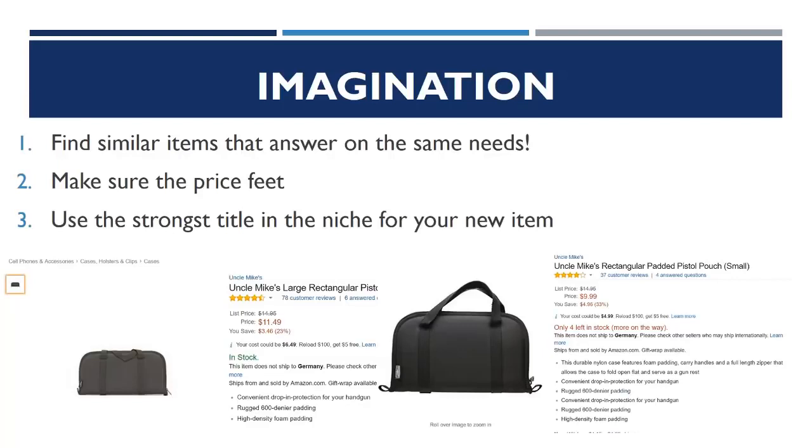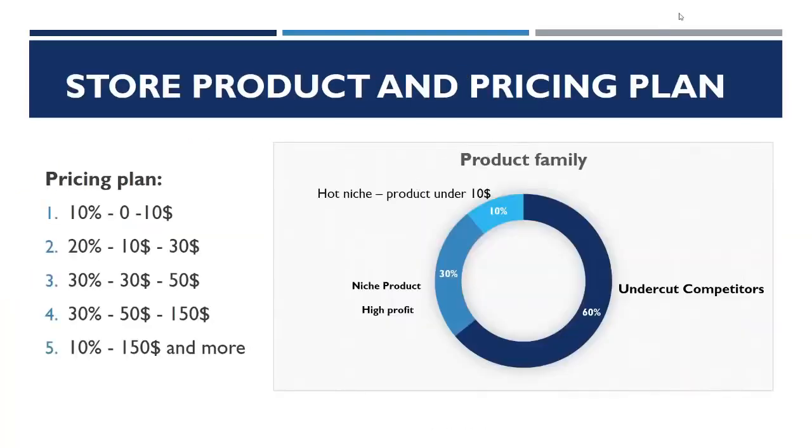after you saw the presentation, after you saw the structure of working, after you saw how to undercut competitors, how to think out of the box and make market research and analyze a niche and find a product that fits the niche, now I want to show you how you're going to have your product plan in your store, okay? This is very, very important. People do not understand it and no one talks about it so much, so I decided to make it clear and to help you, okay?